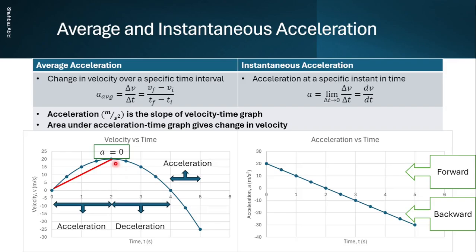But in the time interval between t equal to 2 to t equal to 4 seconds, the object is still moving forward, but it is slowing down. But the acceleration is negative, because it is actually the reason which is causing the object to slow down.